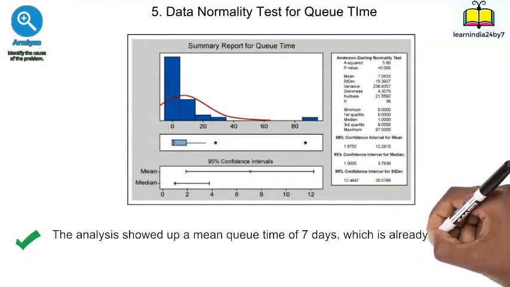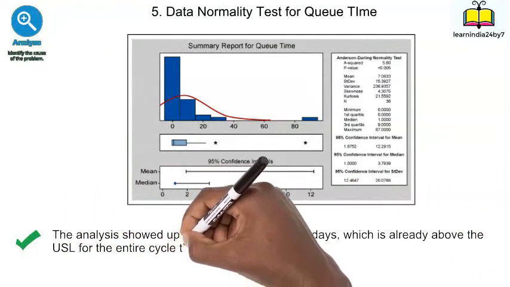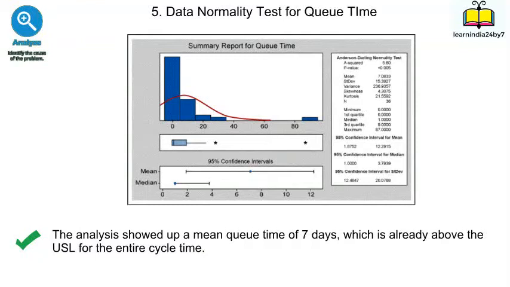The analysis showed a mean queue time of 7 days, which is already above the upper specification limit for the entire cycle time.